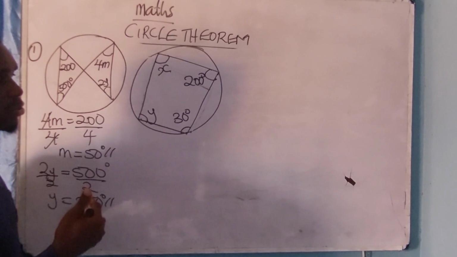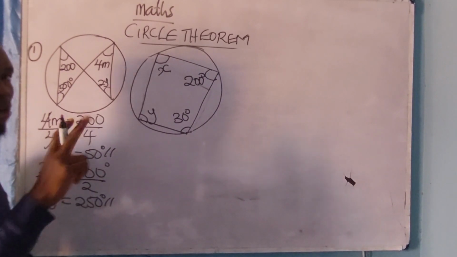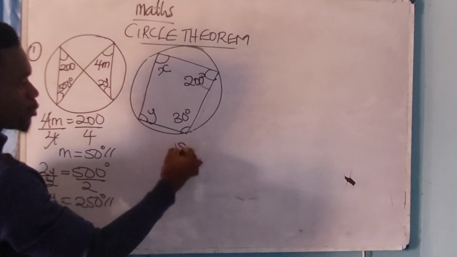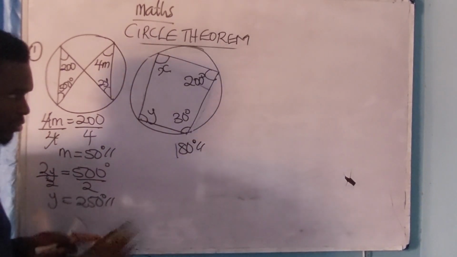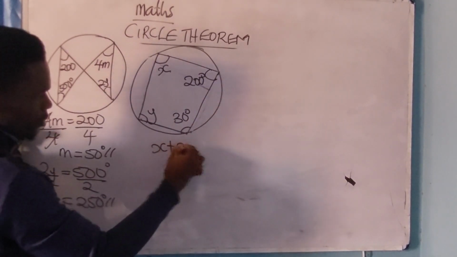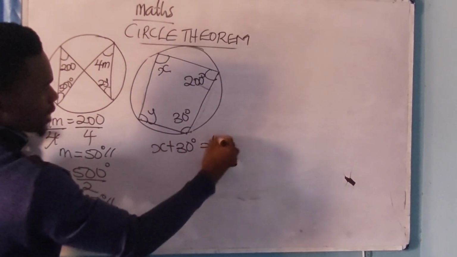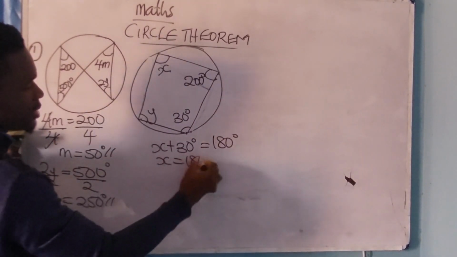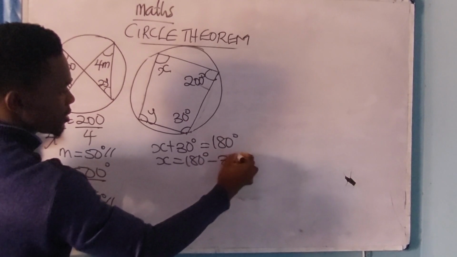A supplementary angle is formed when two angles sum up to 180 degrees. Therefore, to get the value of x, it is simply x plus 30 degrees equals 180 degrees. Supplementary. x equals 180 degrees minus 30 degrees.